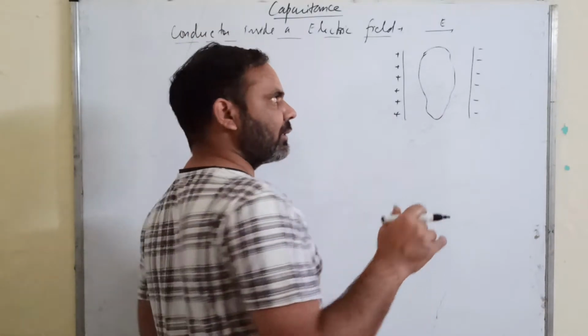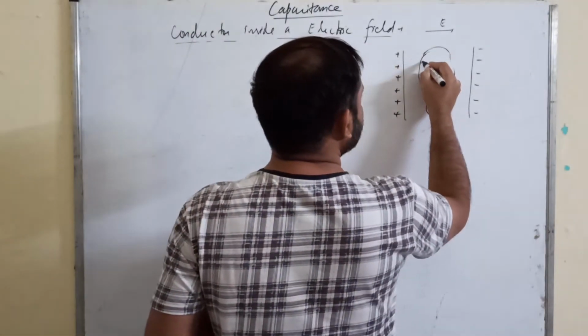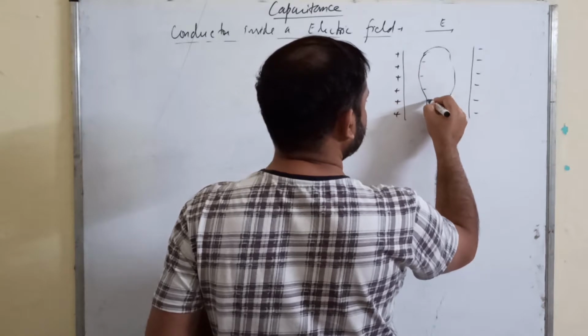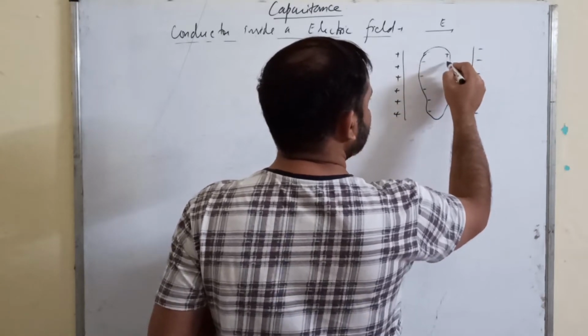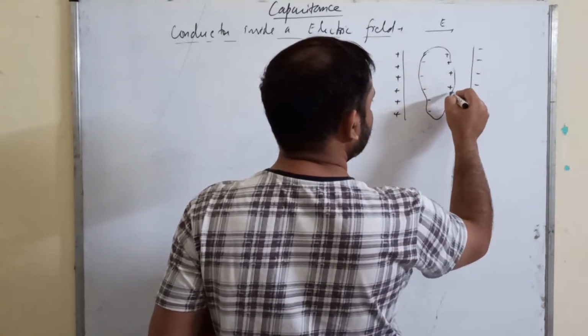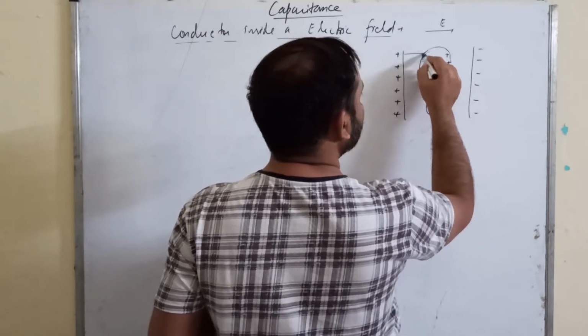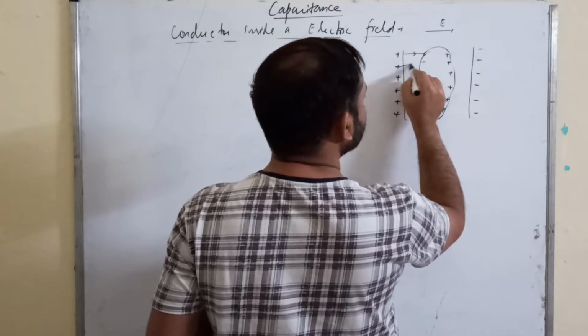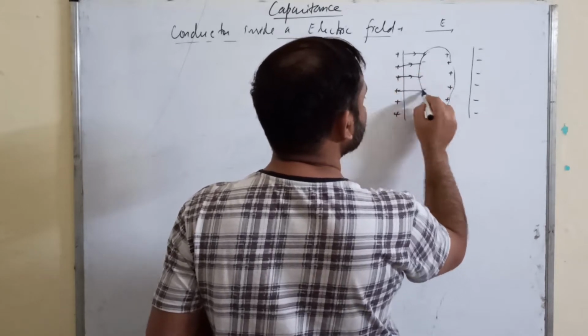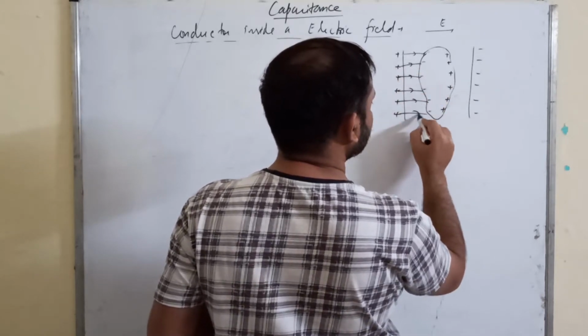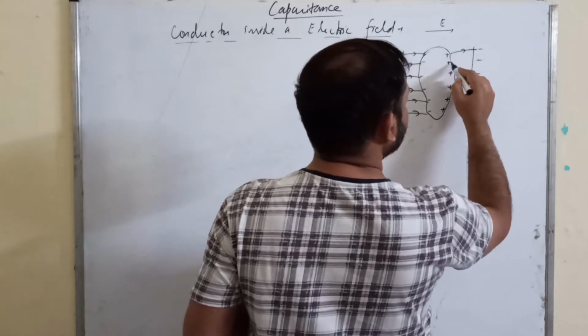The actual phenomenon is this one. So the negative charges come here and the positive charges accumulate on the other side. So the electric lines of force come like this, and this way.